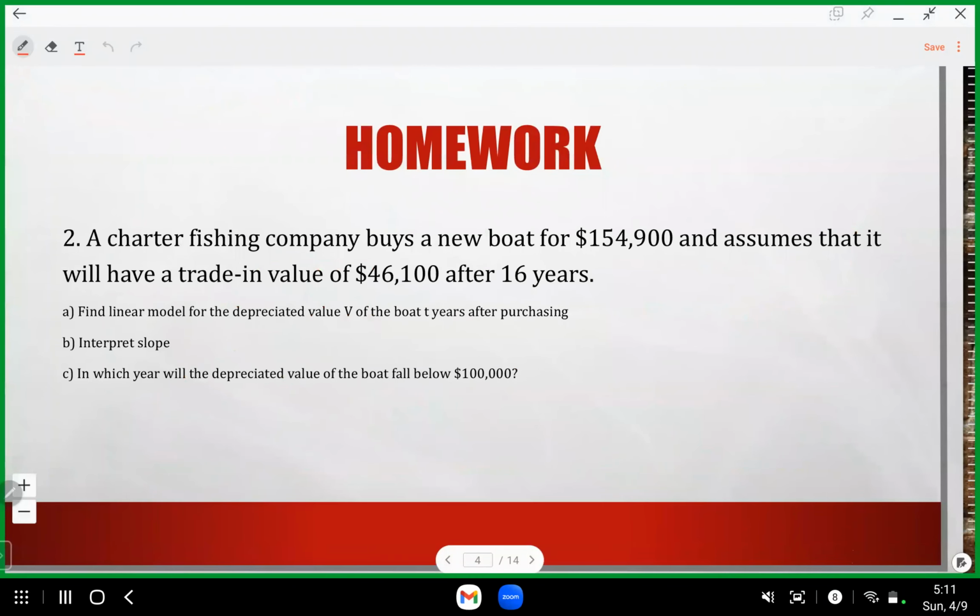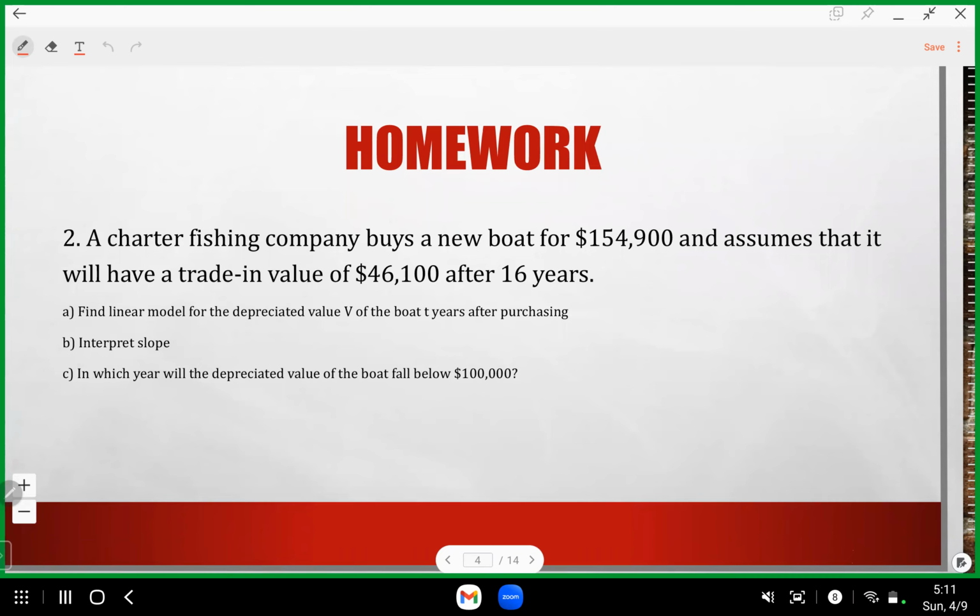A charter fishing company buys a new boat for $154,900 and assumes that it will have a trade-in value of $46,100 after 16 years. So you have to do A, B, and C. First, of course, you have to create a model, an equation for the depreciated value of this boat.